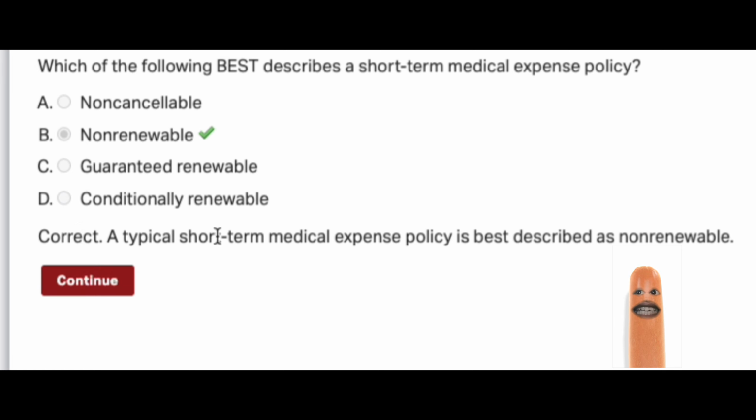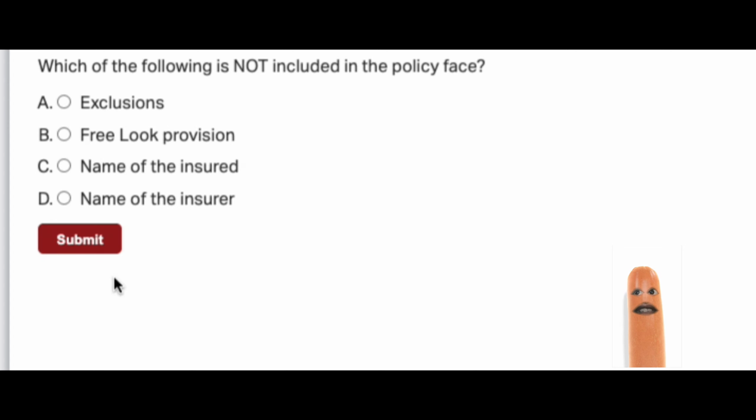The next question, please. It says, which of the following is not included in a policy face? That means the first page, if you didn't know. A, exclusion. B, pre-look provision. C, name of insurer. Or D, name of insurer.